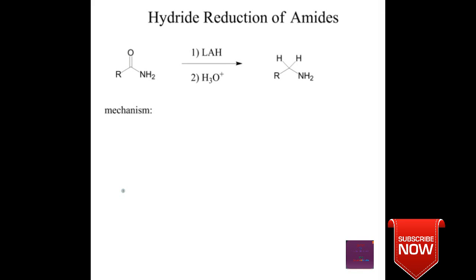What happens in this mechanism first is a little unusual, and that's because our amide is slightly acidic, and we're reacting with hydride, which is a very strong base. So the first thing that happens is we deprotonate the amide.